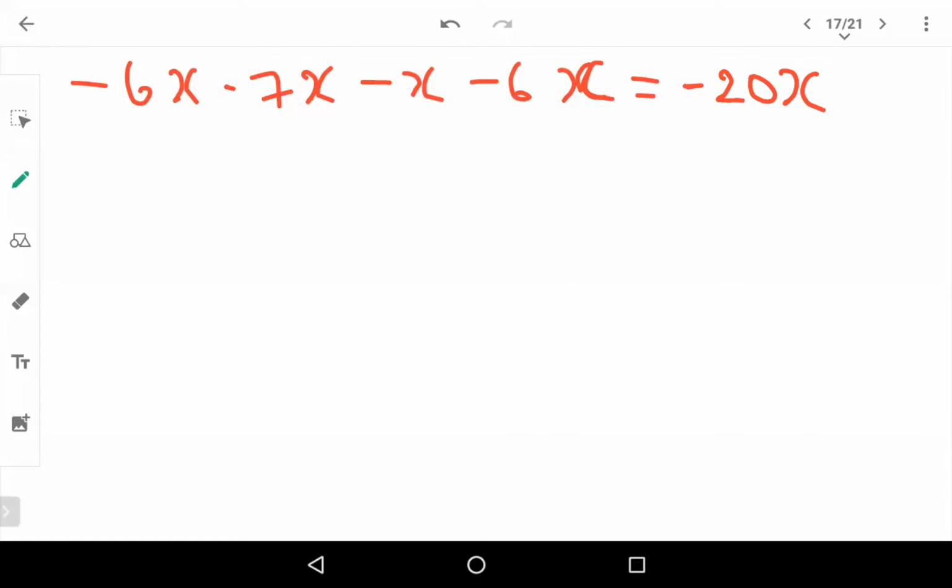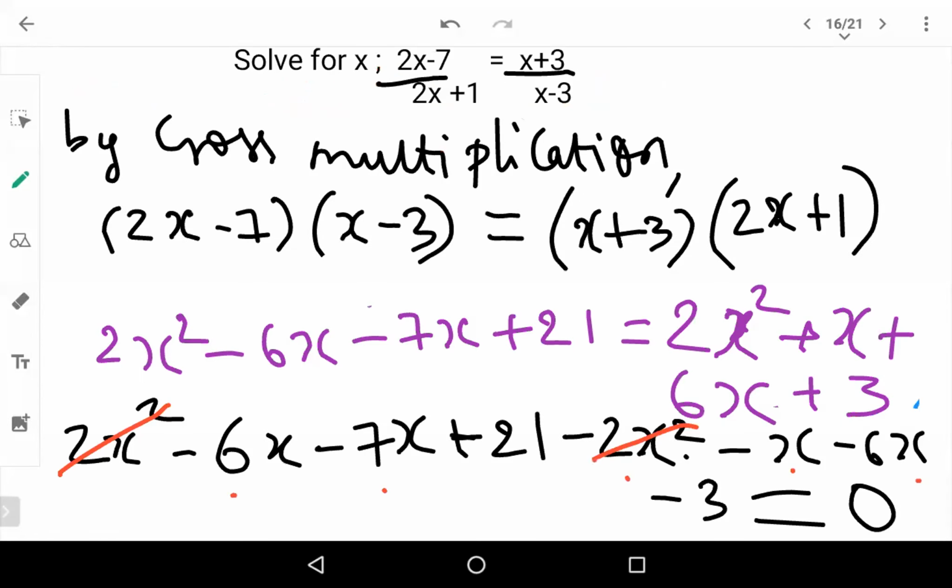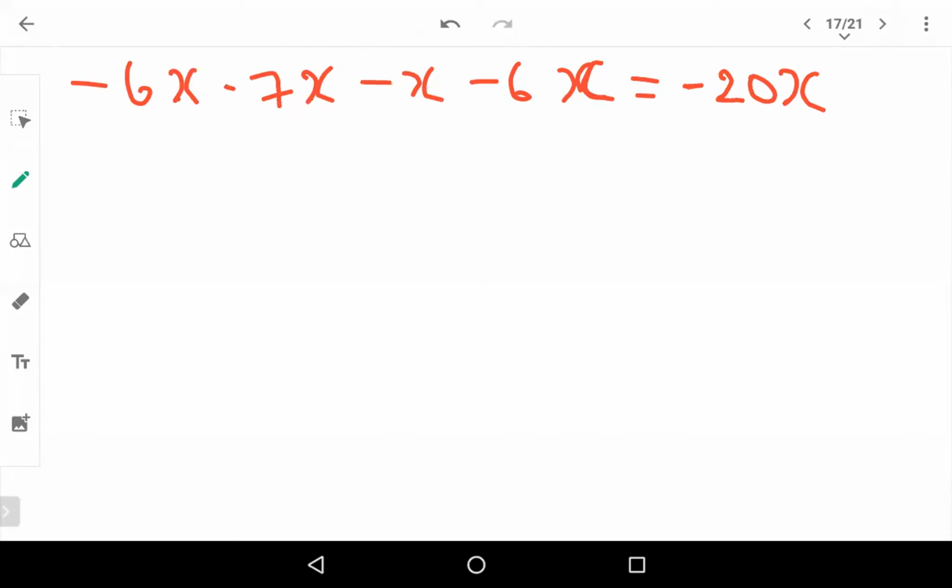Now, apart from that, what are the numbers which are left out? I have plus 21 minus 3. Now, plus 21 minus 3, how much do I get? Plus 21 minus 3. I get plus 18. Yes, so everybody agrees with that.